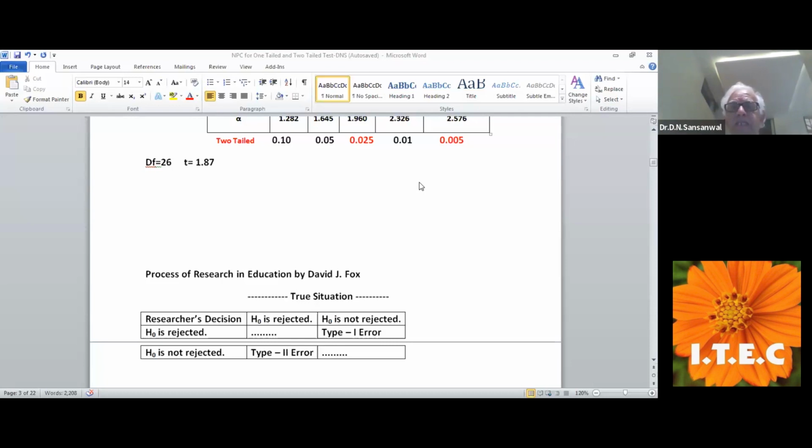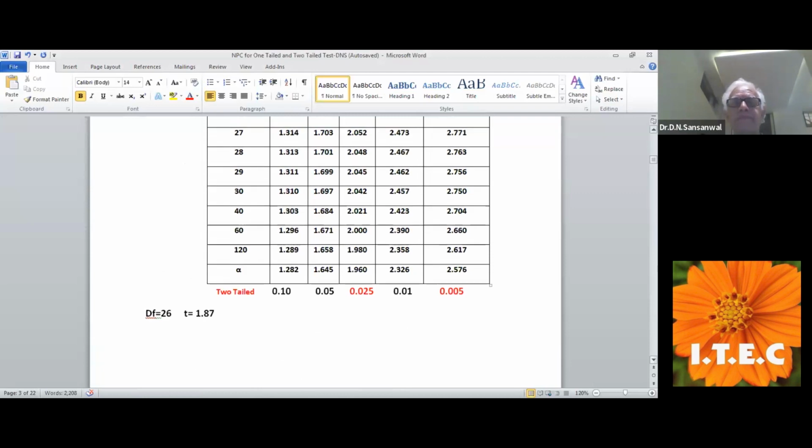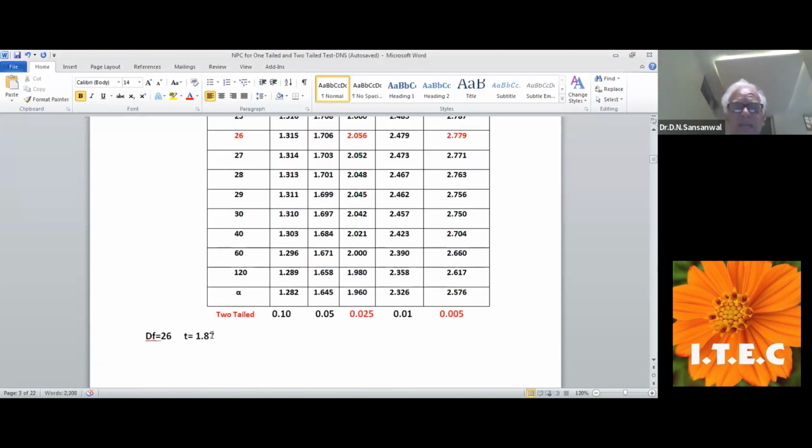So that means, please see, Gaurav, that if my DF is 26 and my T value is equal to 1.87, and you have a null hypothesis, is it significant or not?